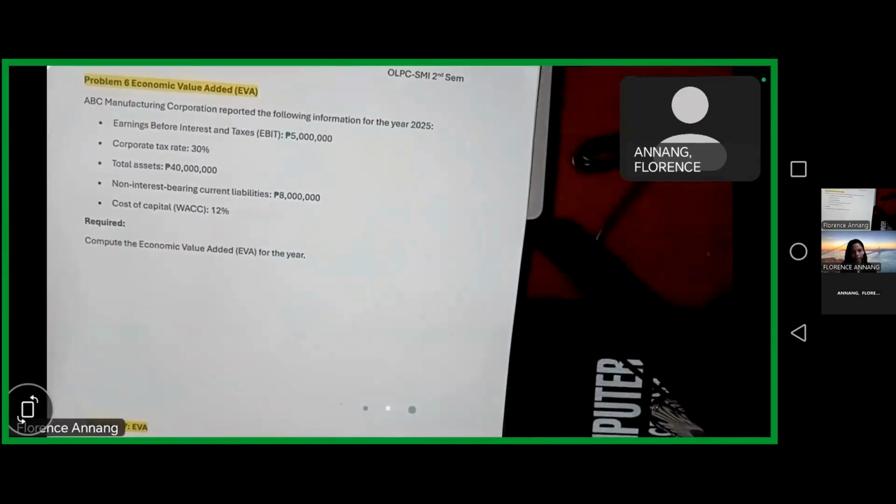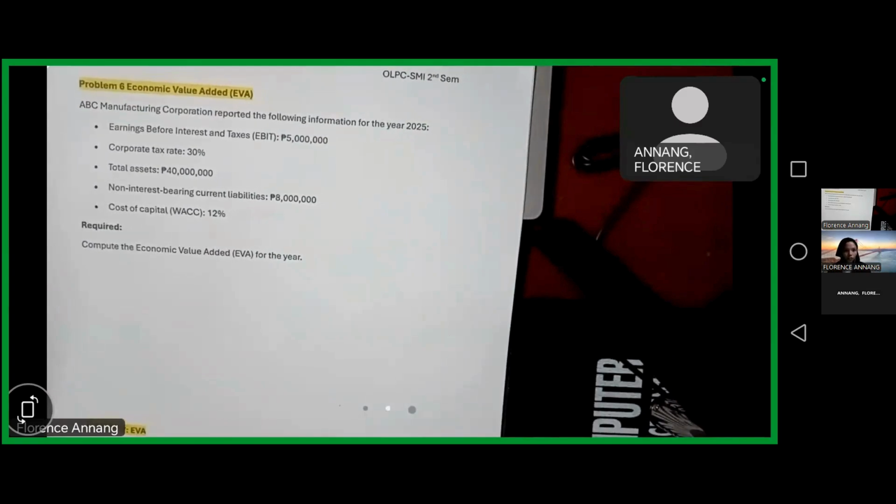What's problem number 6? ABC Manufacturing Corporation reported, nasa EVA na pala tayo, the following information for 2025. You have EBIT of 5 million, tax rate of 30%, total asset of 40 million, and non-interest-bearing current liabilities of 8 million, at meron tayong cost of capital, your WACC, na 12%. So, compute for the economic value added.